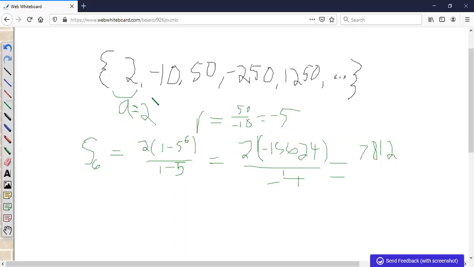Backtrack. I forgot that R is -5, not 5. So we've got a couple of things to undo here. Watching me make mistakes live here. I'm glad I checked that because that doesn't make sense.